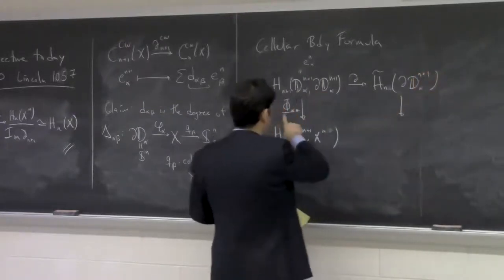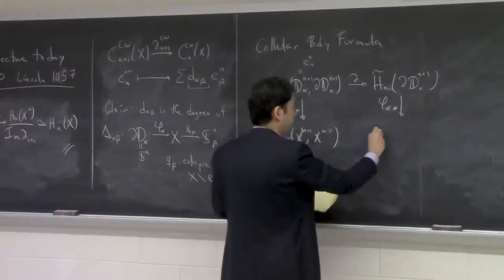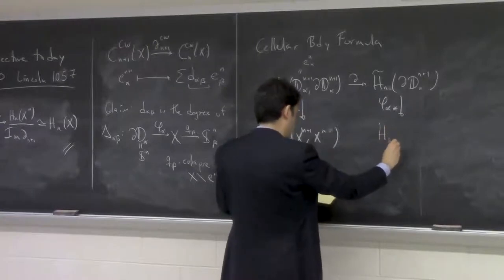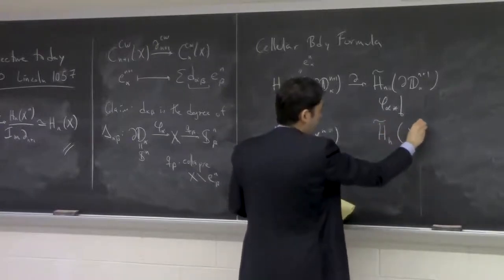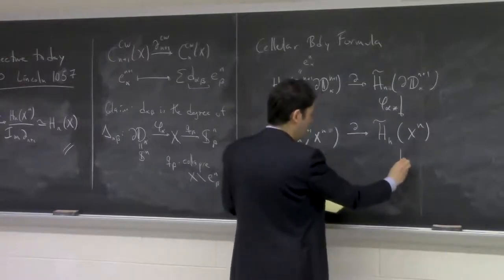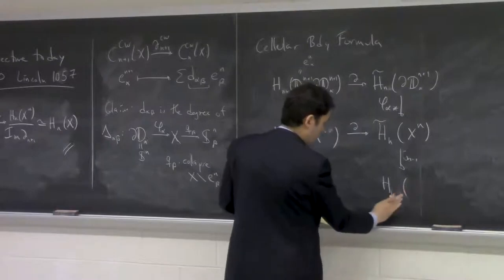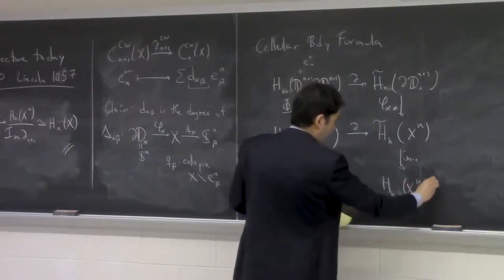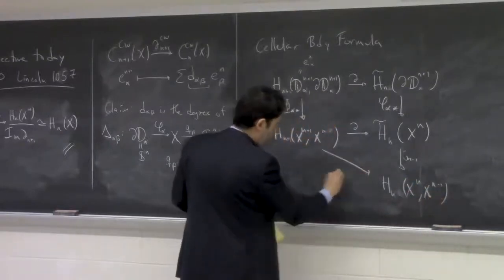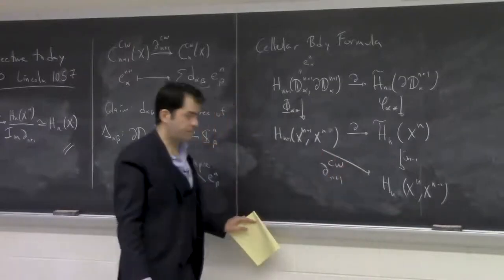And on the boundary, capital phi alpha is just lowercase phi. So we end up with H_n tilde of X^n, and that's what you go with the boundary here. And this includes into H_n(X^n, X^(n-1)), so that there is the CW boundary map.